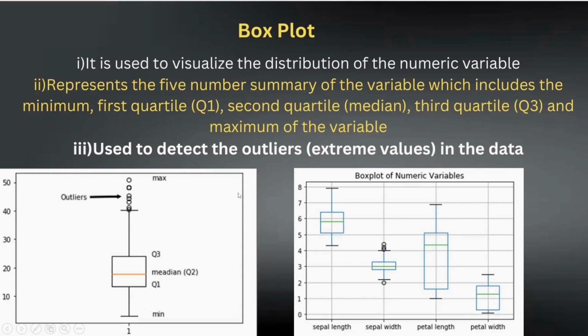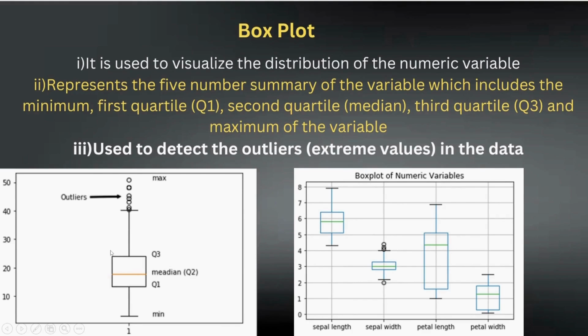It is also used to detect outliers. Let's say you are a bank manager giving loans to lots of consumers. Most of the consumers are taking loans from $1,000 to $2,000, and one person claims he's taking a $1 million loan. That is the outlier. You can detect outliers using a scatter plot and also a box plot in this way.